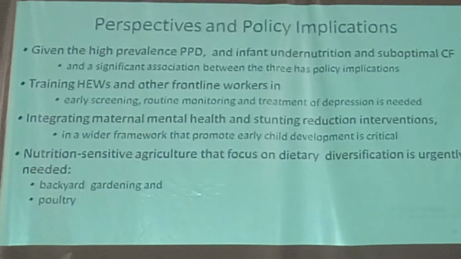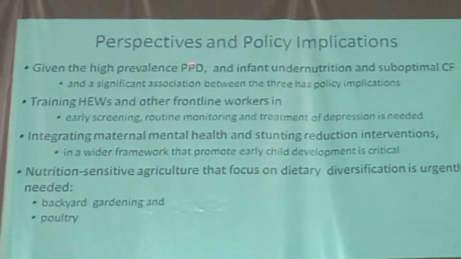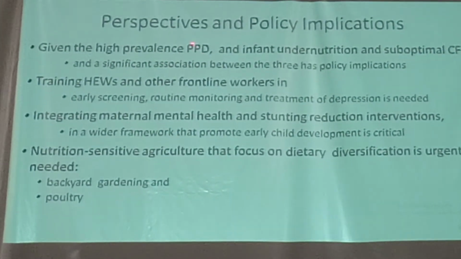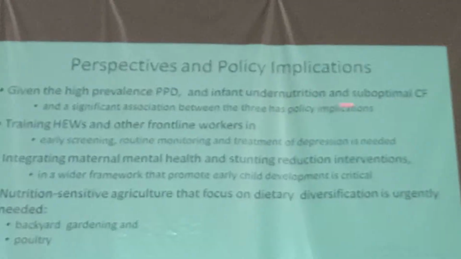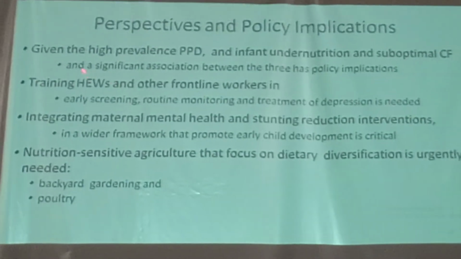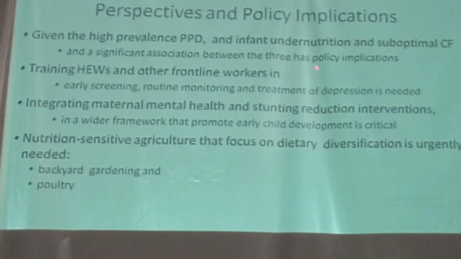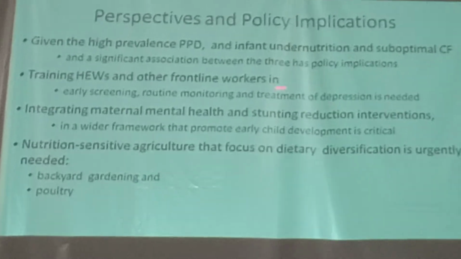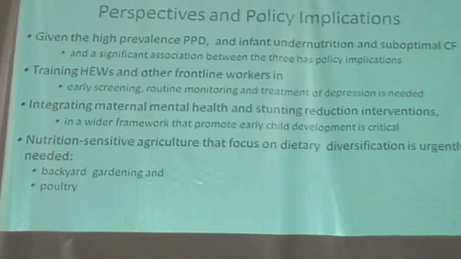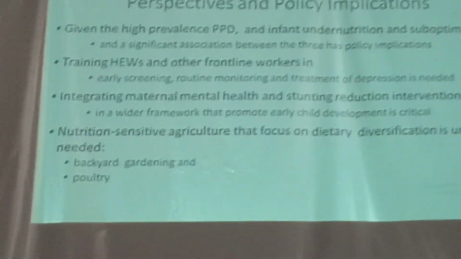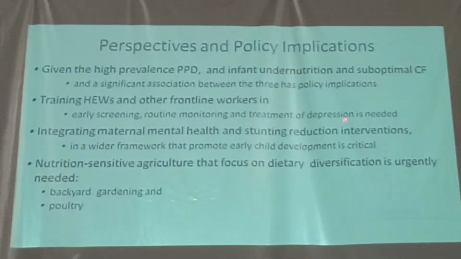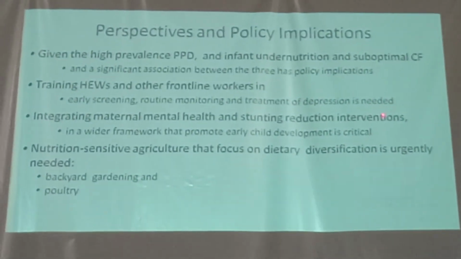From these results and conclusions, we come up with perspectives and policy implications. Given the high prevalence of postpartum depression, infant undernutrition, and suboptimal complementary feeding practices, and the significant association between the three, there are policy implications. Therefore, training health extension workers and other frontline workers like volunteer health promoters, early screening, routine monitoring, and treatment of depression is critical.